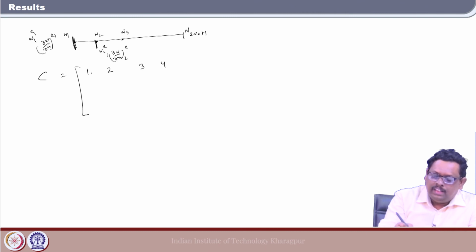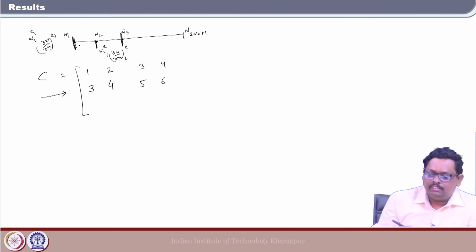So, now I break it up into 4. Then the effect of this also will be there. So, when I write the second element it should be 3 4 5 6, so that I take the contribution from the first element also.